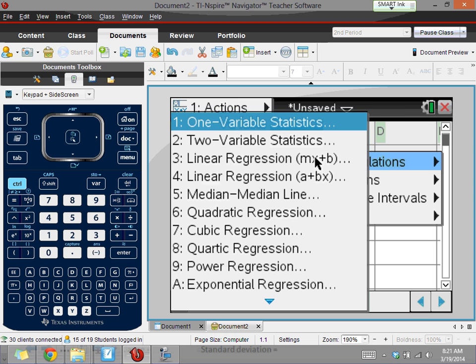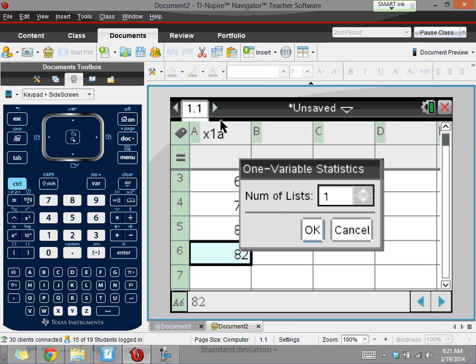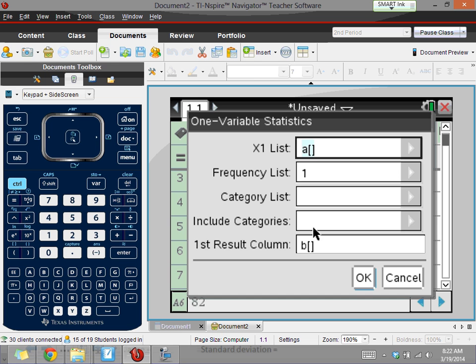So let's do 1 variable statistics. There's 1 column of data. What do we call that column? X1A.